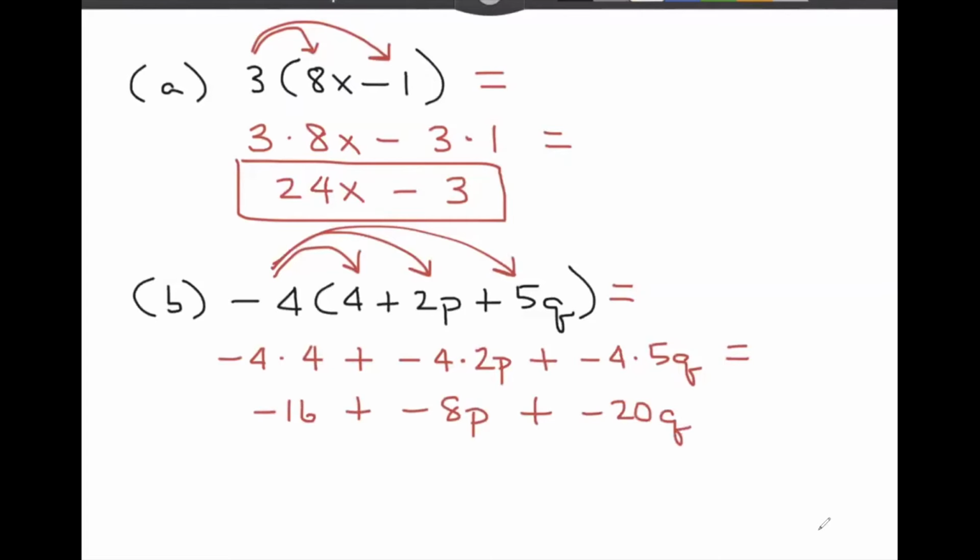Remember from our chapter 1 review that adding the opposite of 8p is the same thing as subtracting 8p. And the same thing for adding the opposite of 20q, that's the same thing as subtracting 20q. So the simplest way to write this is -16 minus 8p minus 20q.